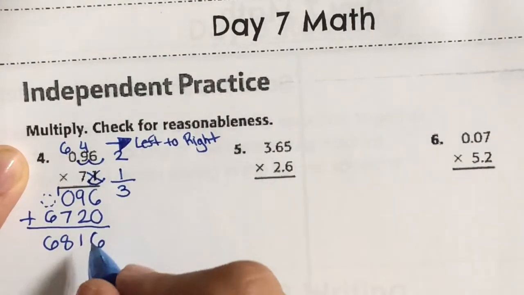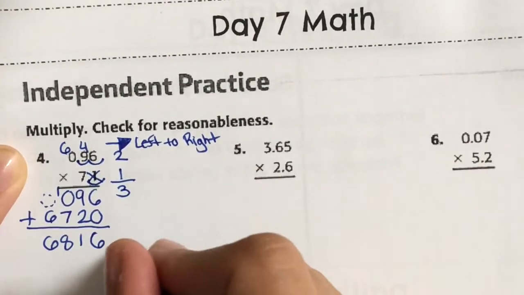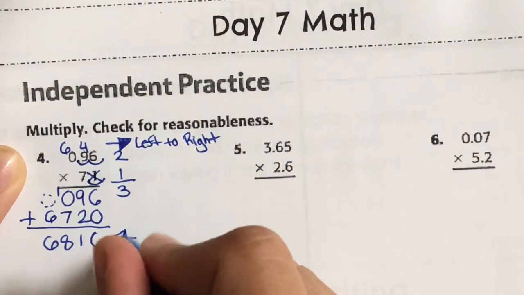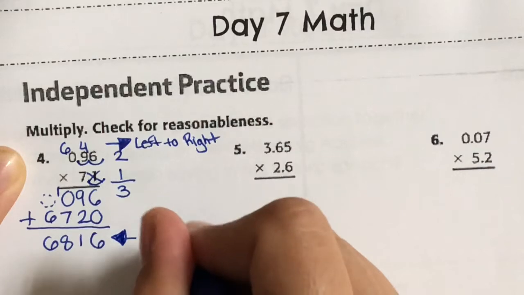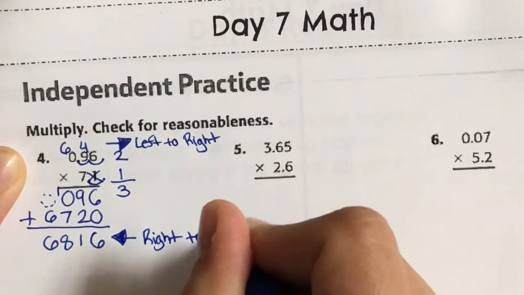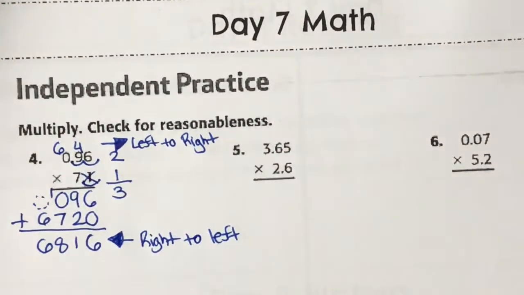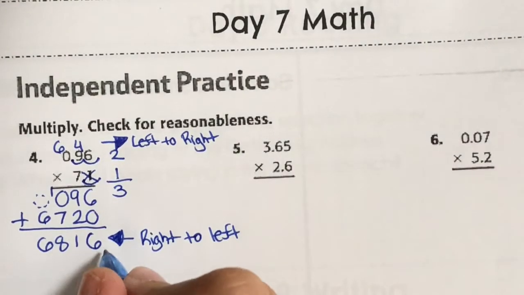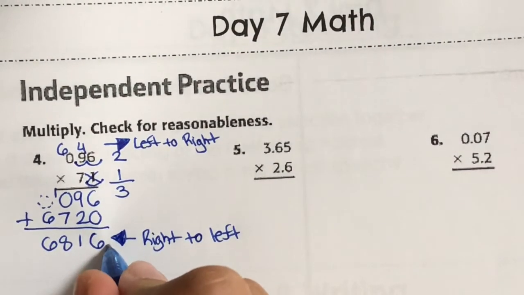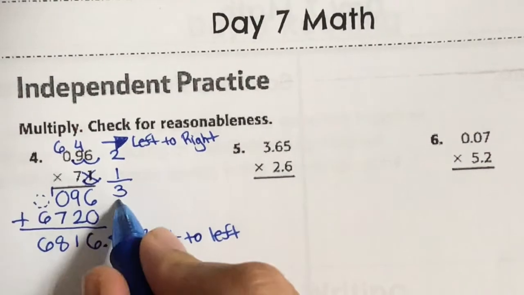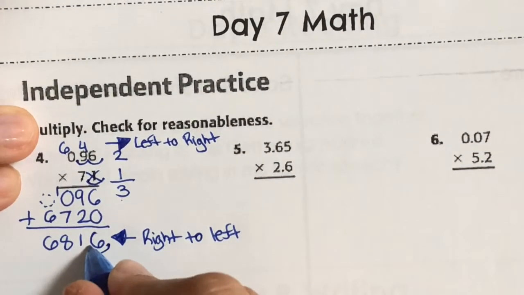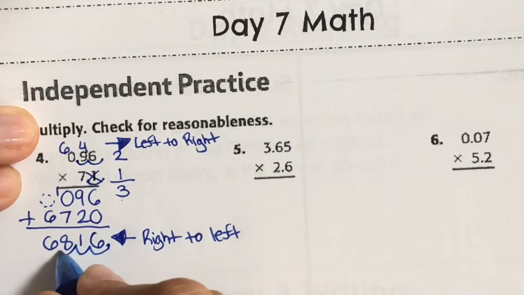Now we go to our answer. For your answer, you are moving right to left. It's the opposite of what you did originally. We put our pen or pencil on the right side of the last number in our answer, and now we count 3 spots. 1, 2, 3.